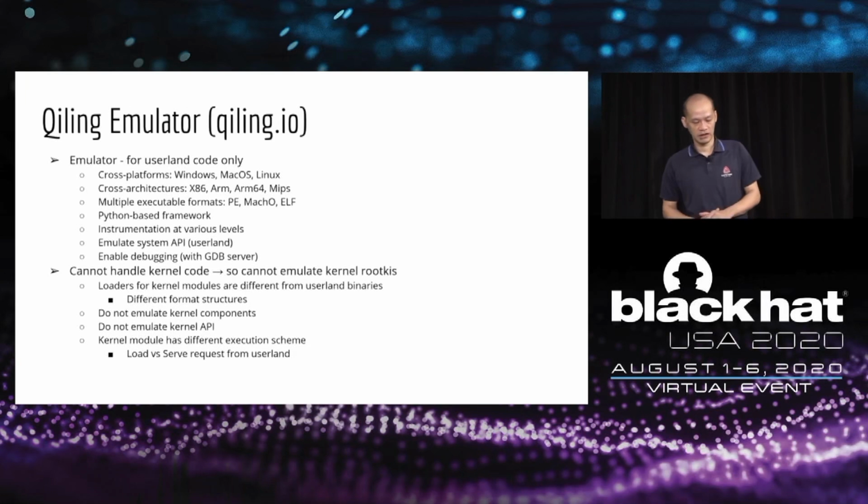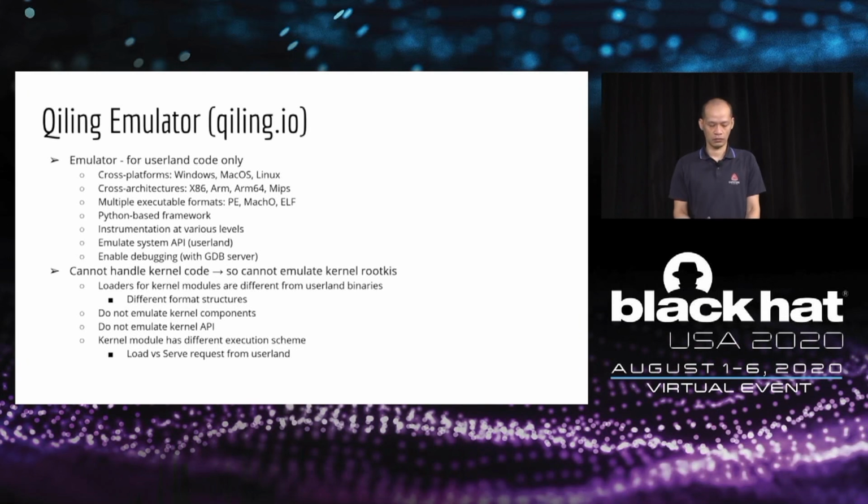However, the issue with Qiling is that we want to emulate kernel rootkits, but Qiling is not built to handle kernel code at all. It can only emulate userland code. Because the loader for kernel modules is very different from the loader for userland binaries, Qiling cannot handle kernel drivers at all. Qiling is not made to emulate kernel components and kernel APIs, and the scheme of Qiling is quite different.